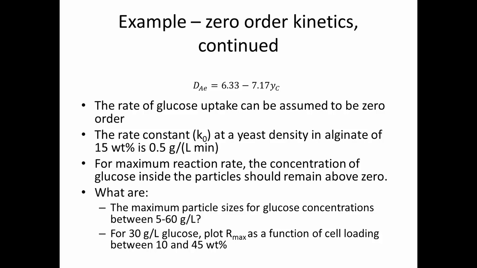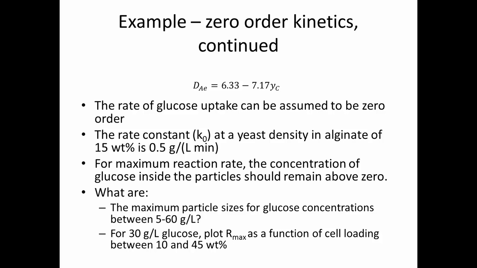So let's figure this out. The rate of glucose uptake can be assumed to be zero order. The rate constant K0 at a yeast density in alginate of 15 weight percent is 0.5 grams per liter per minute. For maximum reaction rate, the concentration of glucose inside particles should remain above zero.